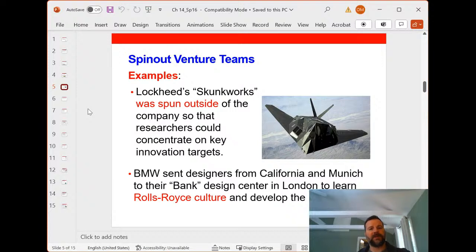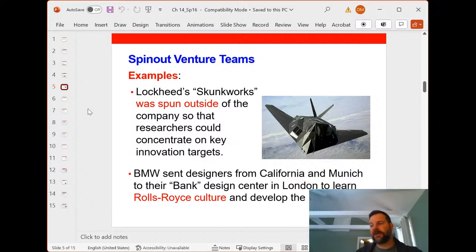On the other end is something called a spin-out venture. Lockheed Martin's Skunk Works is an example of something that was spun outside, where the researchers would just focus on high-end jets that completely go away from what Lockheed Martin generally does. Or BMW sent designers to their design center in London to learn the Rolls-Royce culture and develop the Phantom.